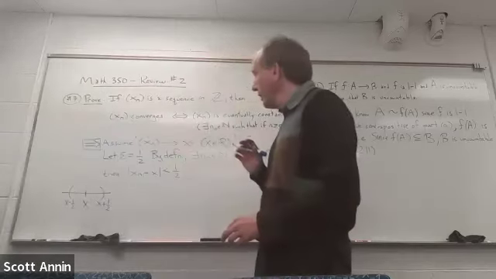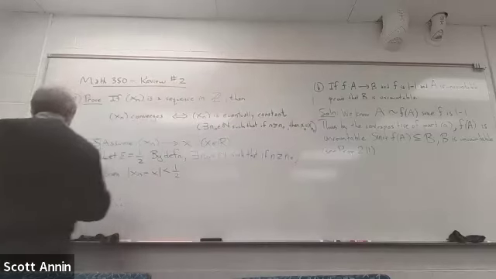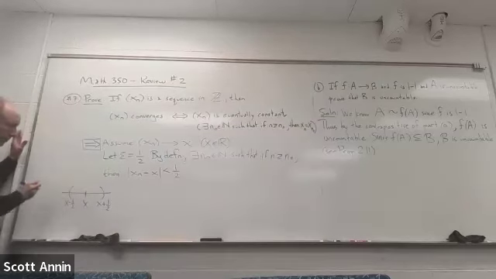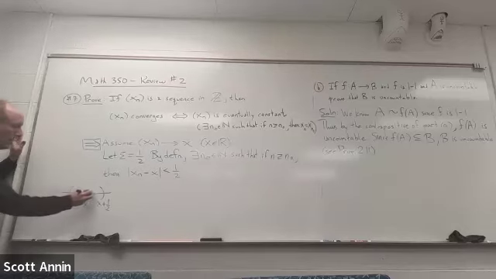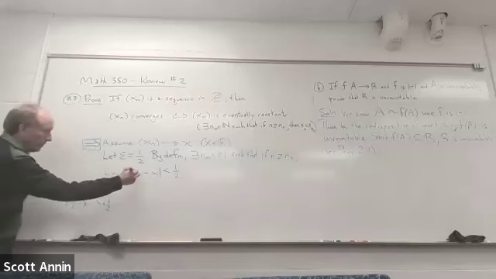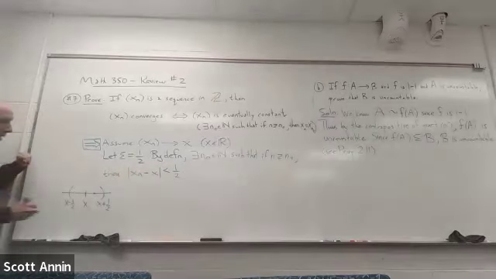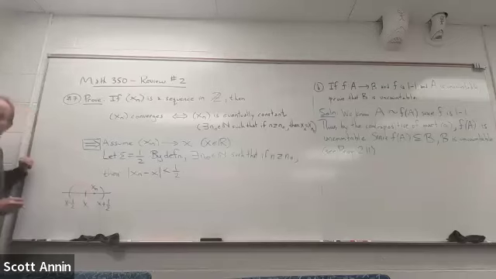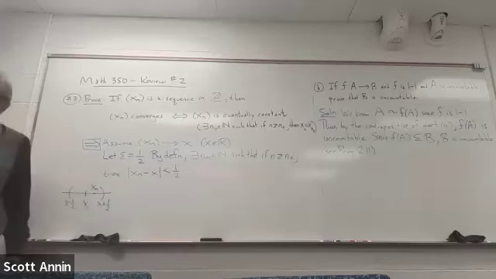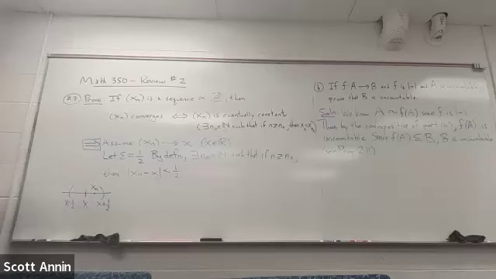So there can only be one integer in this region, and the xn is in that interval as long as n is greater than or equal to n naught. It's in there, and it has to be an integer. So it has to be the same integer over and over again, right? That's basically the idea here.